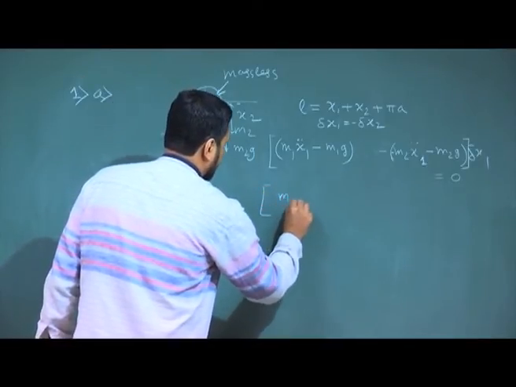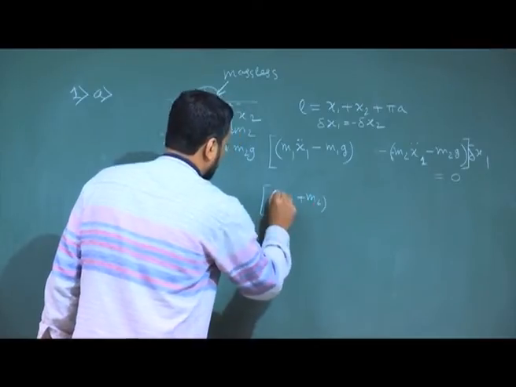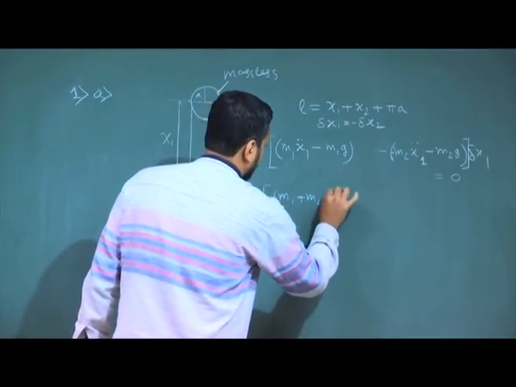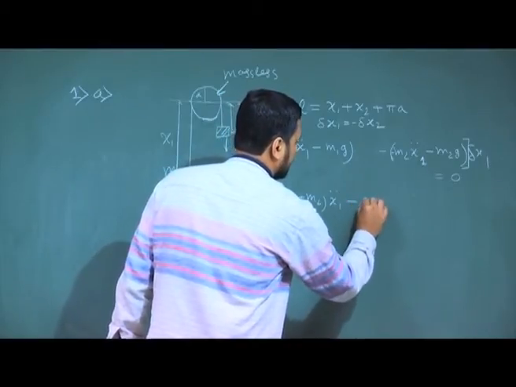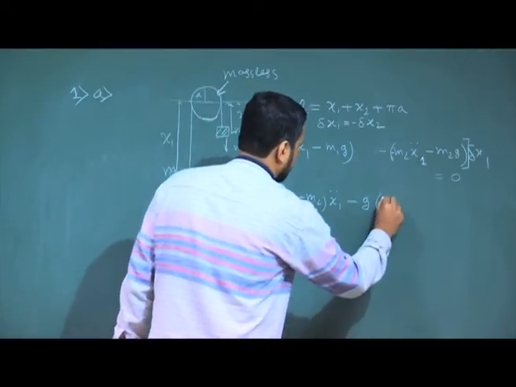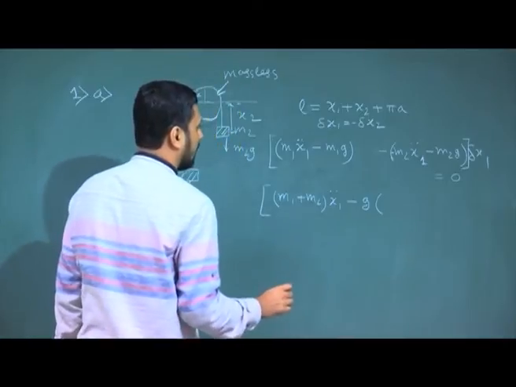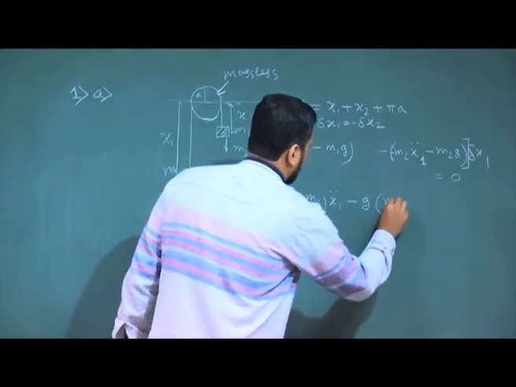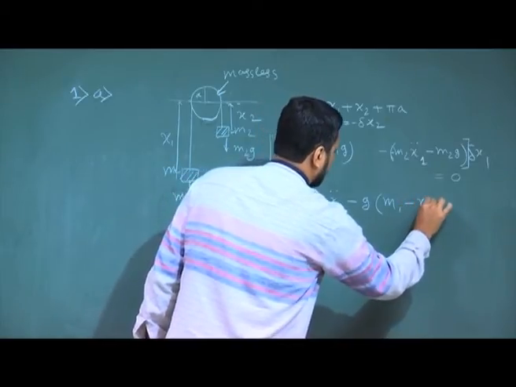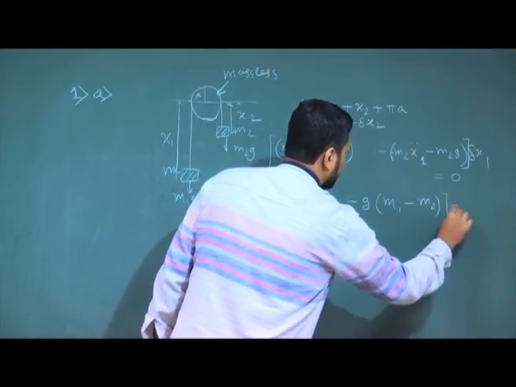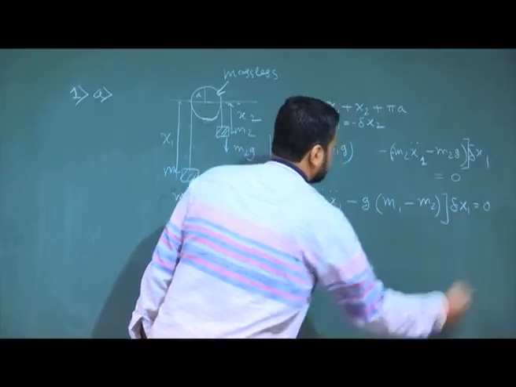So, you get m1 plus m2 times x1 double dot, minus g common, take it out, m1 minus m2, times delta x1 equal to 0.